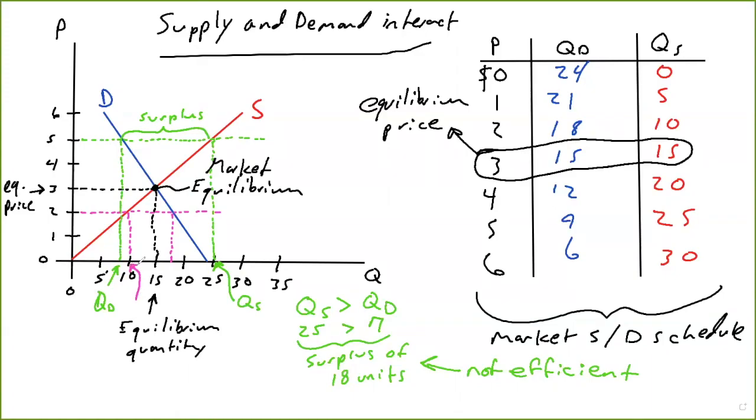In this case, the supply curve is telling us at $2, 10 units are going to be supplied, but the demand curve is saying at $2, about 17 units are going to be demanded. So quantity demanded is larger than quantity supplied. Specifically, we're over demanding by 7 units, or we have a shortage of 7 units. And again, graphically, the shortage is represented by this distance here.